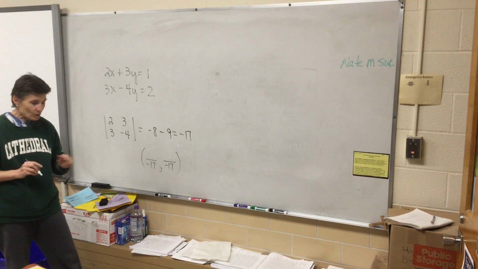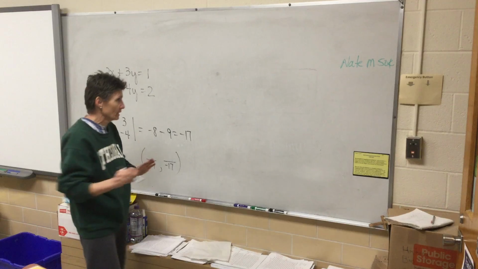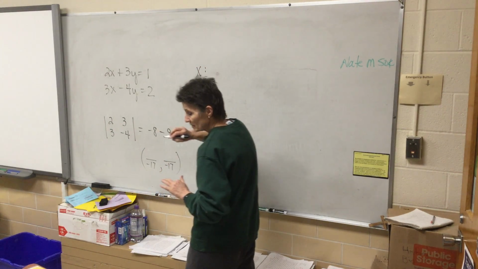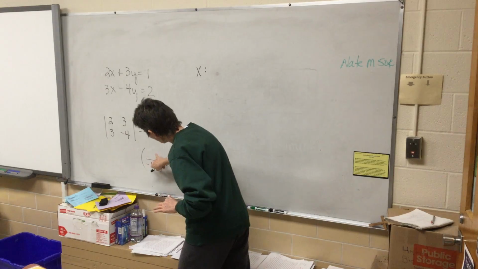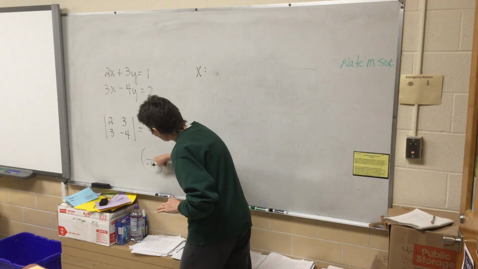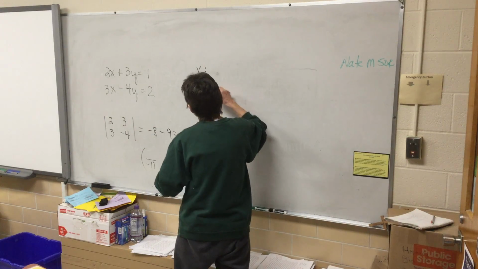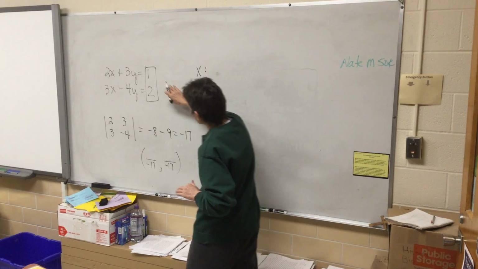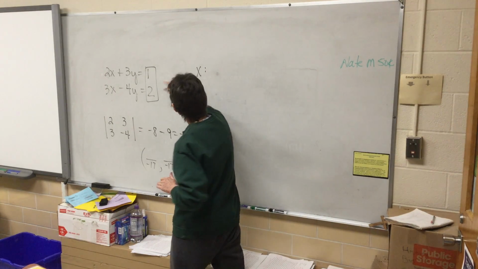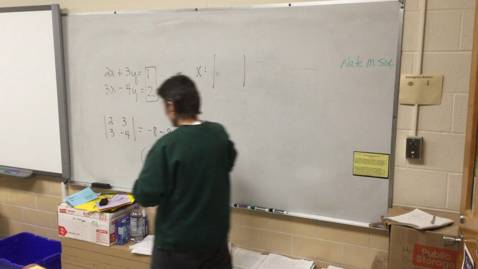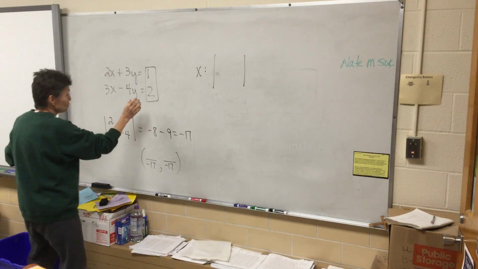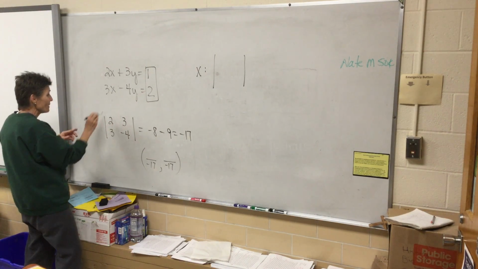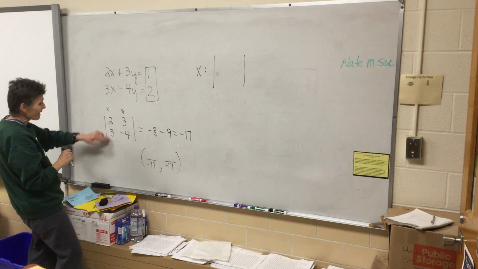Okay? Now, to find the somethings, it's really easy. To find the x something, this is the numerator for x. These are fractions. Take these numbers, which you haven't used yet, the constants, the 1 and the 2, and pretend that you can cut them out and paste them on top of your x numbers.